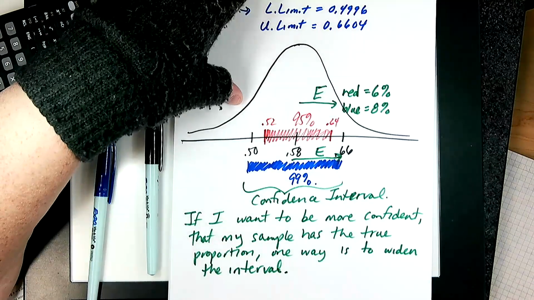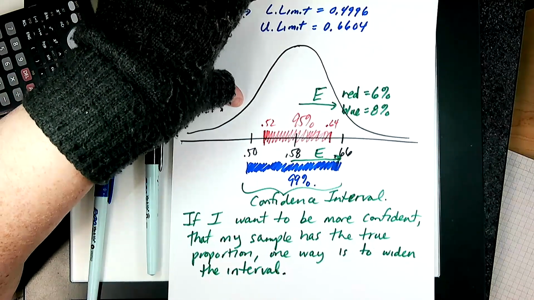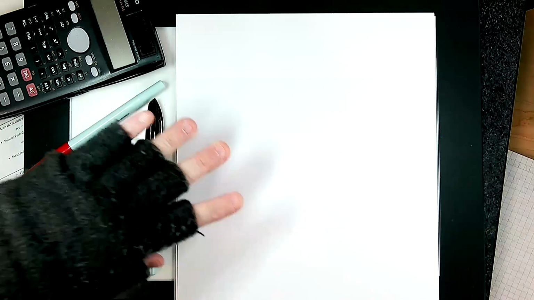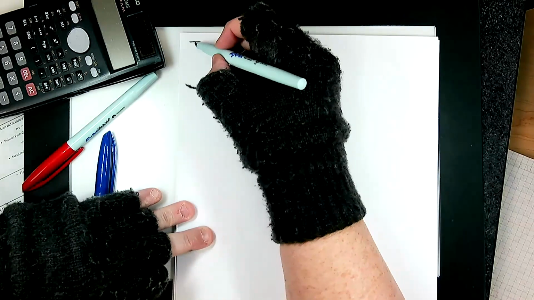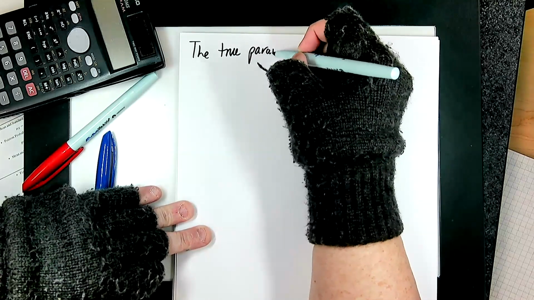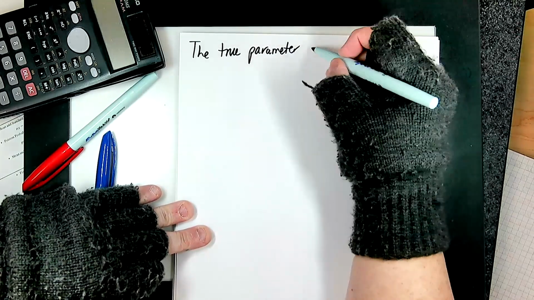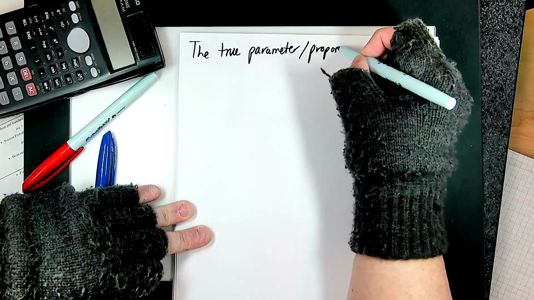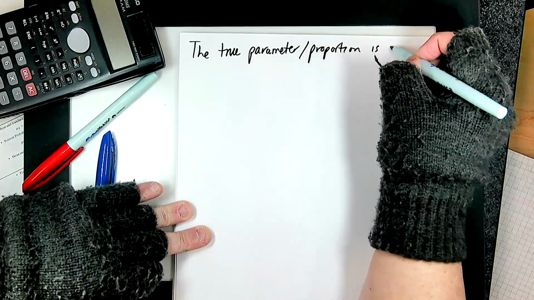The question is, what do these percentages mean? So this confidence interval, the true value or the true parameter is a specific value.